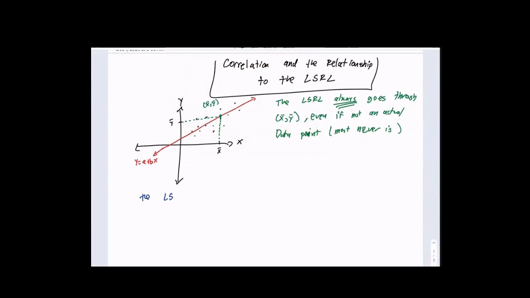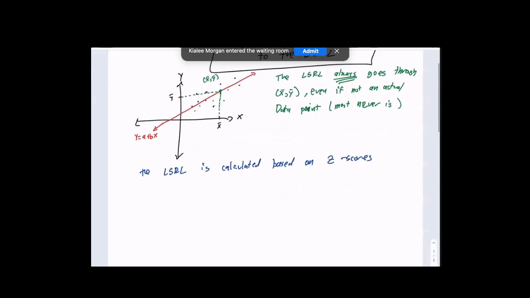The least squares regression line is calculated based on z-scores. It utilizes the z-scores. So what we're going to do is transform x, y to zx, zy, and we get the following.